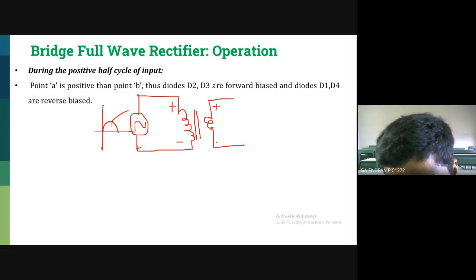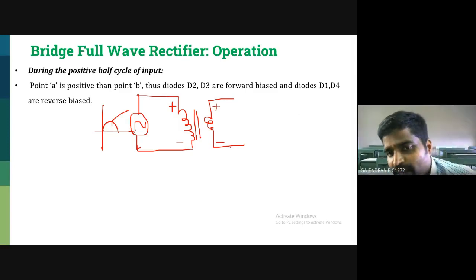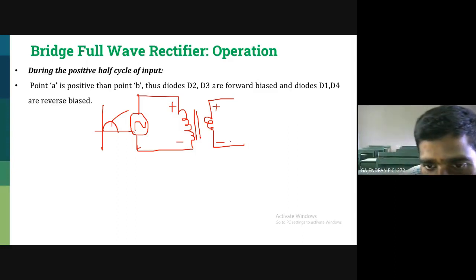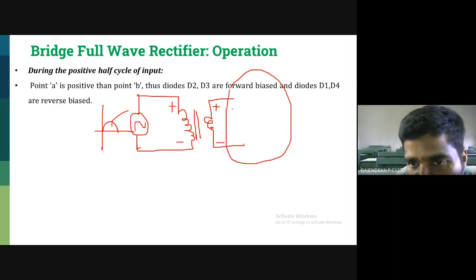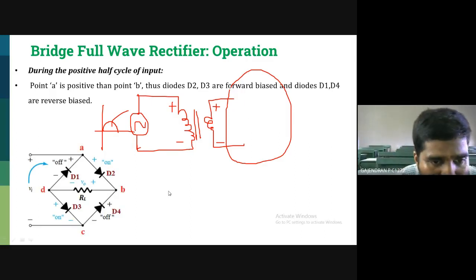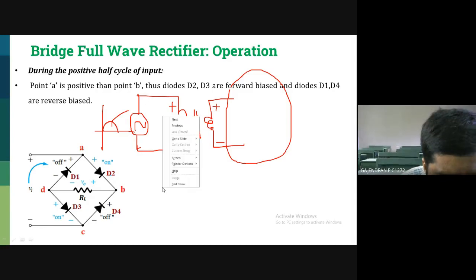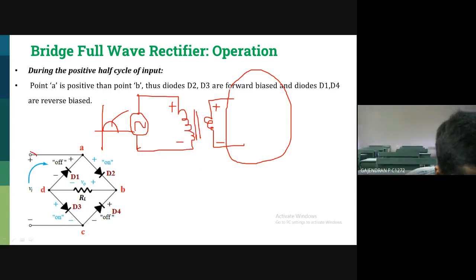The bottom one is negative. Is it clear? So they have taken only this portion for the discussion. Okay, listen. Don't come to the conclusion. I will tell you one thing. This is positive. In the terminal positive ah irundal இது ரெண்டு என்னவா இருக்கும்?